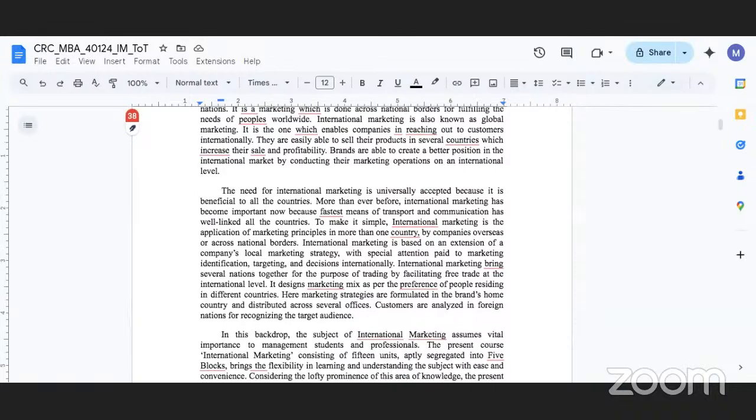But if that is an understanding that we have, then the question arises: if I'm already doing well in my country, why do I need to study international marketing? The reason for this is international marketing has its own challenges. Each country has its own guidelines, it has its own laws, it has its own unique tastes. When we see in terms of, say, many of the drinks, for example, Coca Cola.